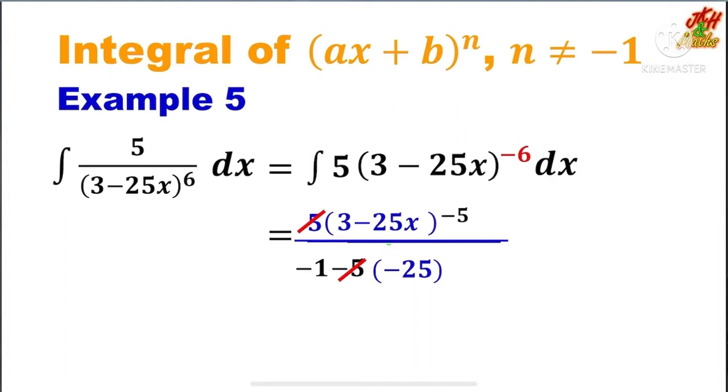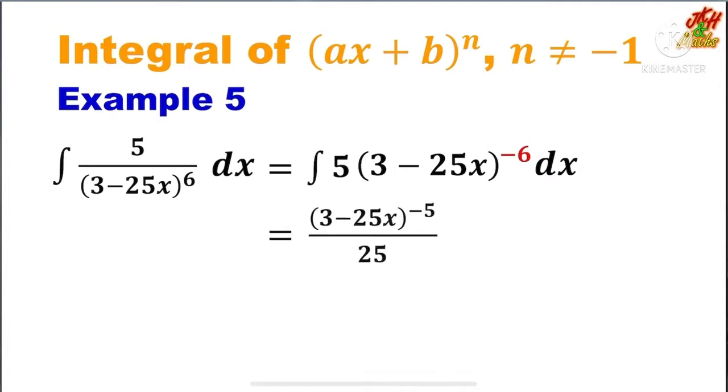So the result is 3 minus 25x in the bracket raised to the power of negative 5, over 25. Then we simplify it in the form of 1 over 25 multiplied by 3 minus 25x raised to the power of negative 5, plus c.